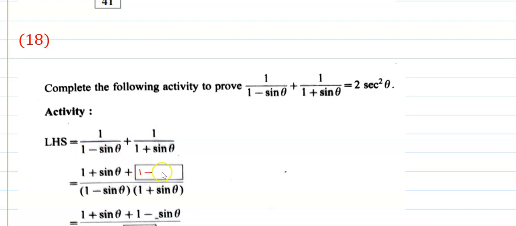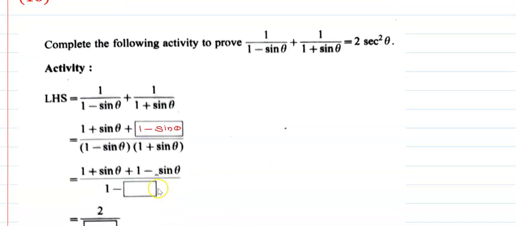Then you will get 1 minus sin theta here. Next, denominator त्या दोघांचा product. In first bracket 1 minus sin theta into 1 plus sin theta. What about the next? 1 plus sin theta plus 1 minus sin theta. Here plus sin theta minus sin theta get cancelled.